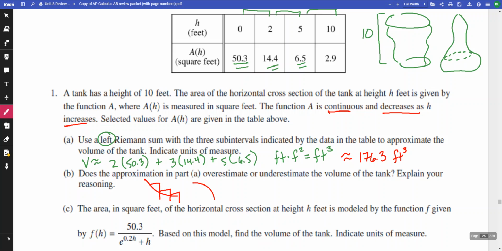And it really doesn't matter how I'm decreasing, right? But because A of h is decreasing, what we have is an overestimate.